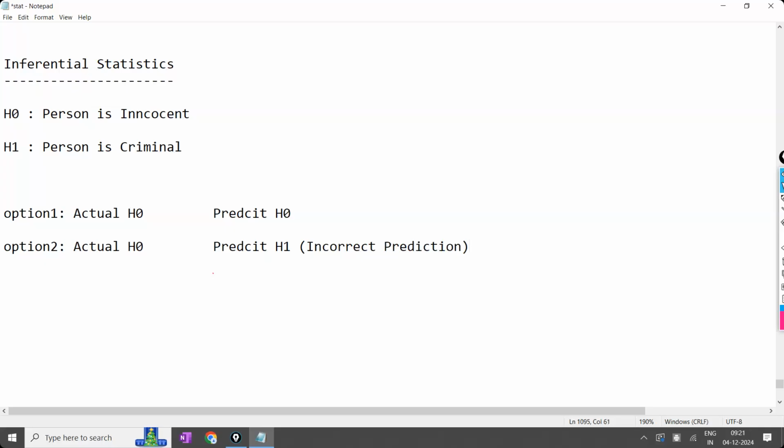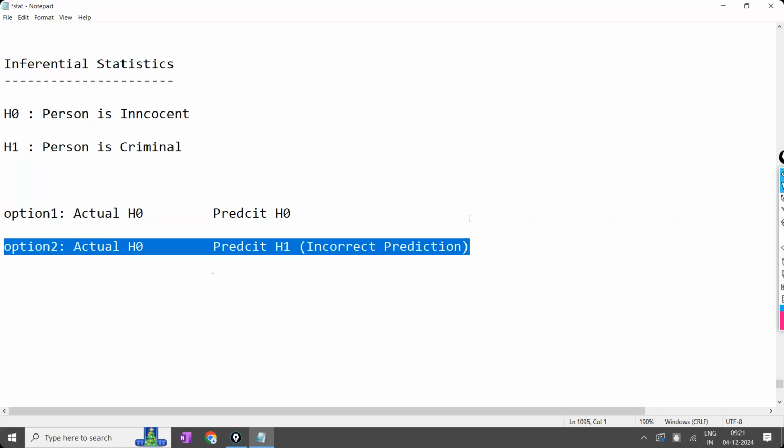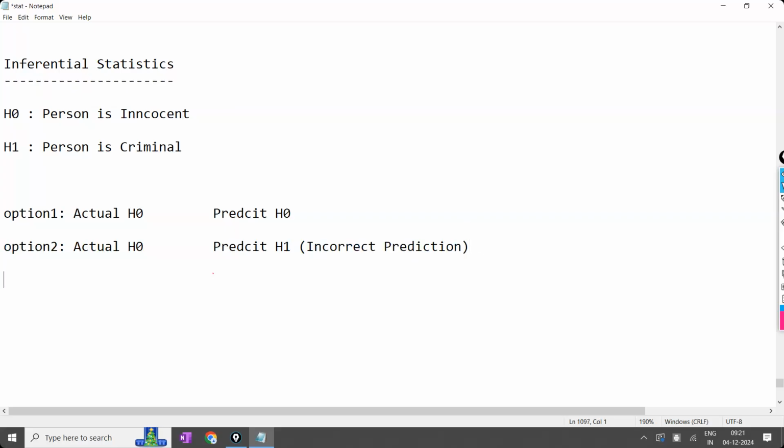Now there is one more option. The person is actually criminal, and is predicted as criminal, which is called a correct prediction. There is nothing wrong in this. And actually the person can be a criminal and be predicted as innocent.